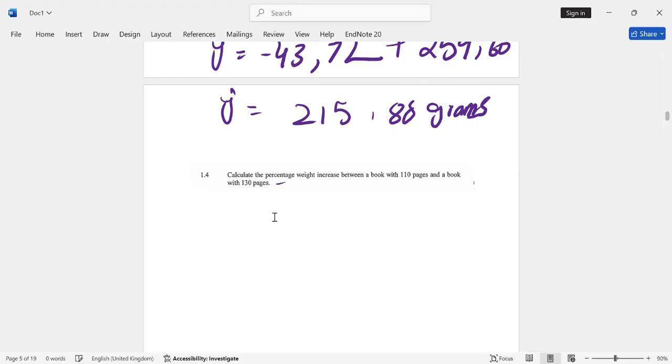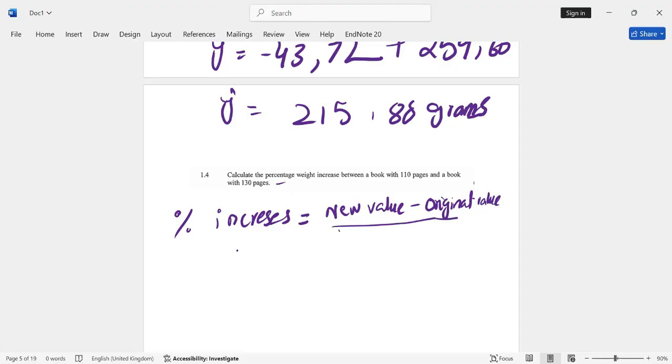We have to calculate the percentage increase, which equals the new value minus the original value, divided by the original value, multiplied by 100.